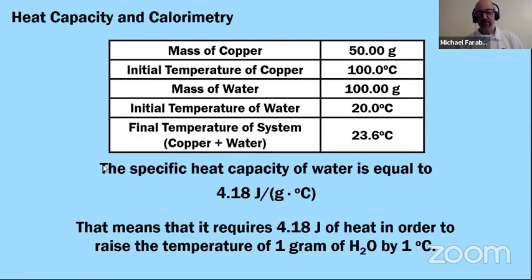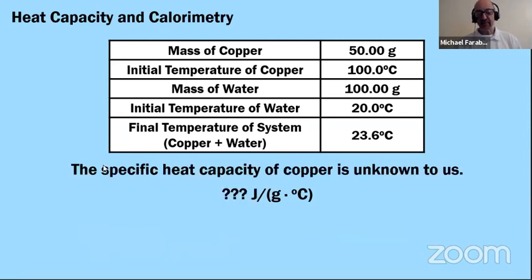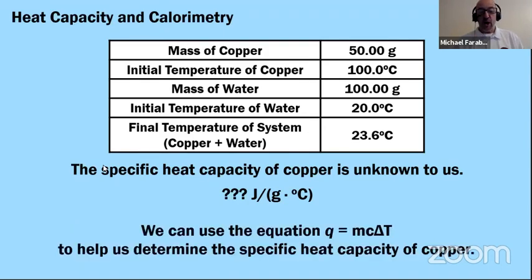Now, copper, aluminum, glass, sand, iron, all kinds of substances have their own values for the specific heat capacity. And the units are going to be joules per gram degree Celsius. I just gave you the value for water, but the specific heat capacity for copper is unknown to us. We can use the equation Q equals mc delta T to help us determine the specific heat capacity of copper.